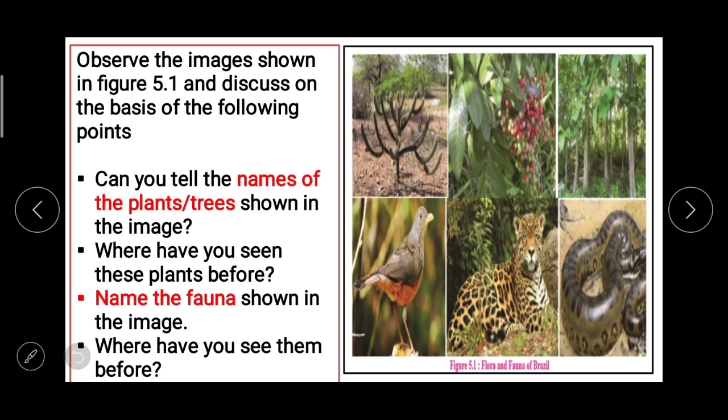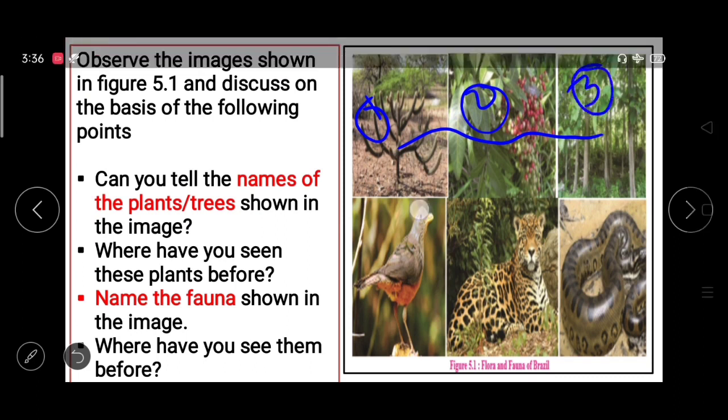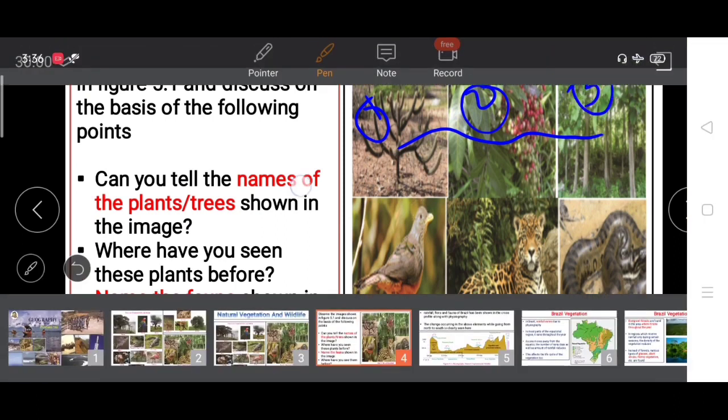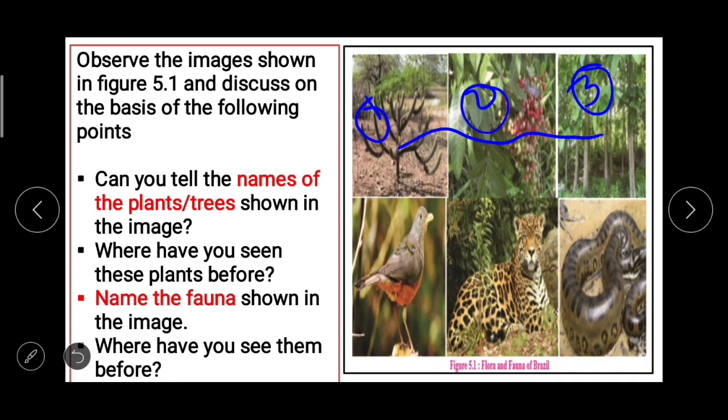Observe the images shown in figure 5.1 and discuss on the basis of the following points, and the points are: can you tell the names of the plants or trees shown in the image? So these first three images are of plants and trees. So if you know the names, then you can write there.